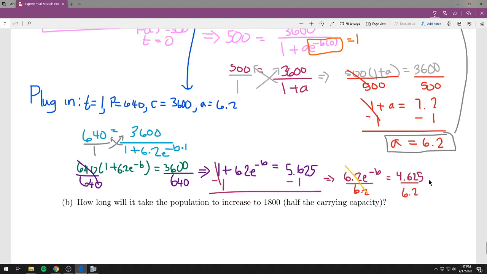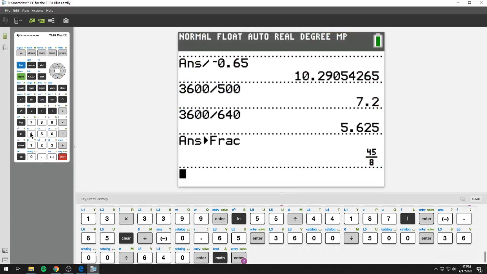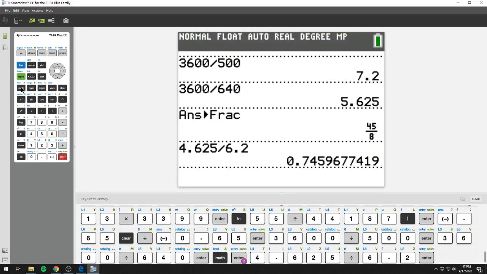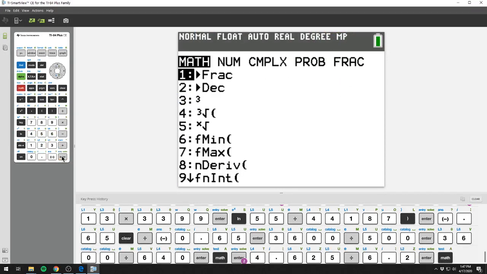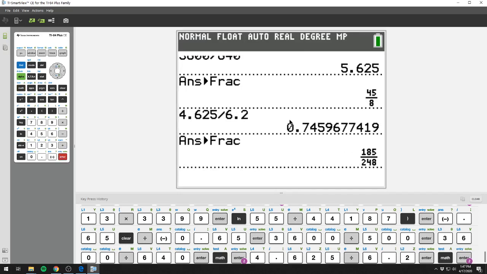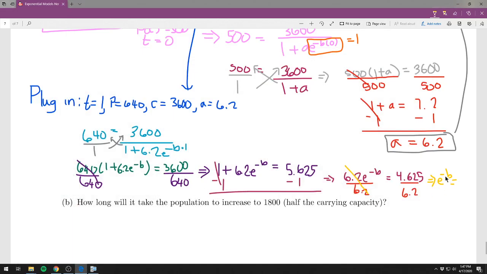Rid of that, we get e to the negative b equals 4.625 divided by 6.2. Probably won't really simplify very well. Let's see. Yeah, it's a messy decimal. We don't want to use that. And the fraction's not that great either. I would honestly just leave it like this: 4.625 over 6.2.